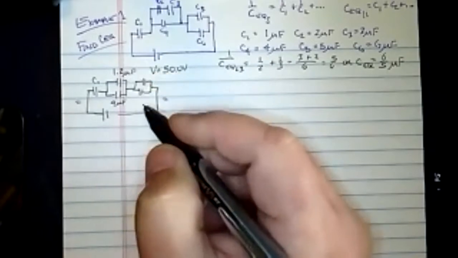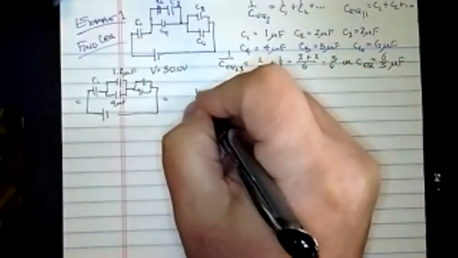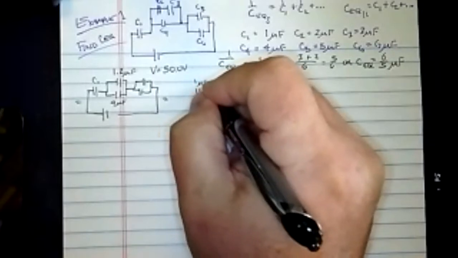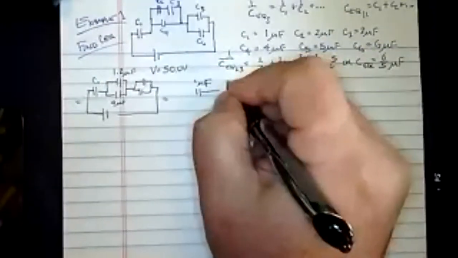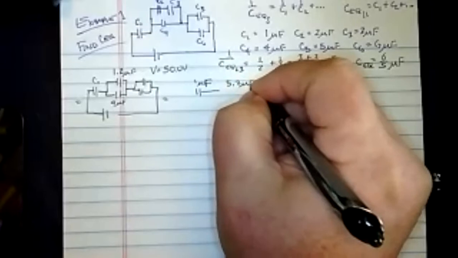So I'm going to say 1.2 plus 4 is 5.2. Now I have 1 microfarad right here in series with 5.2 microfarads for this guy.